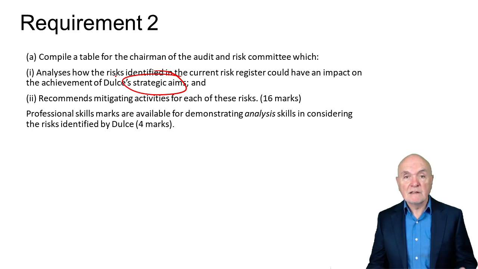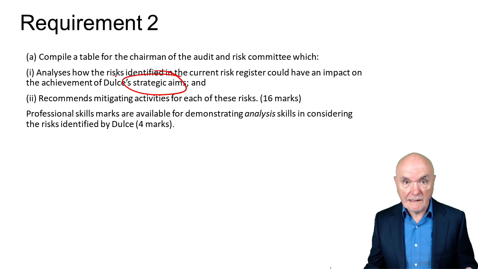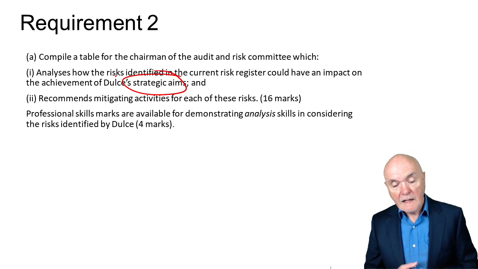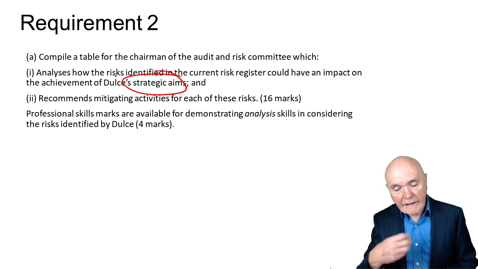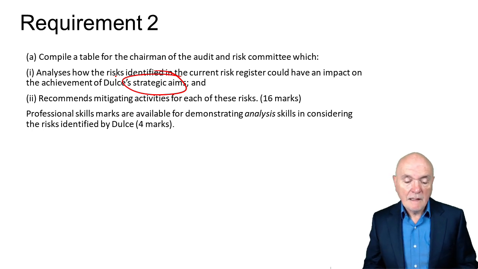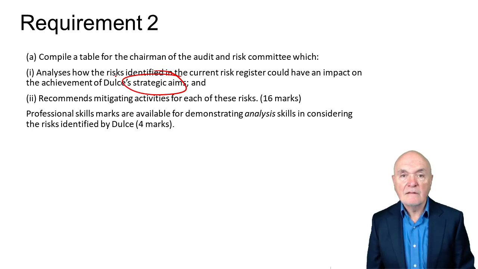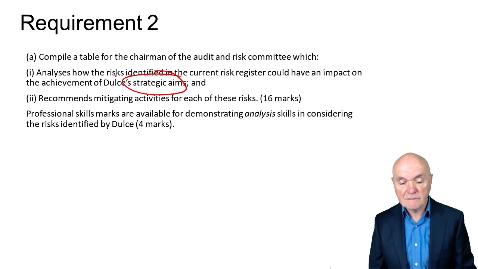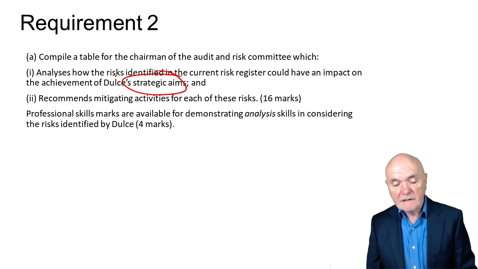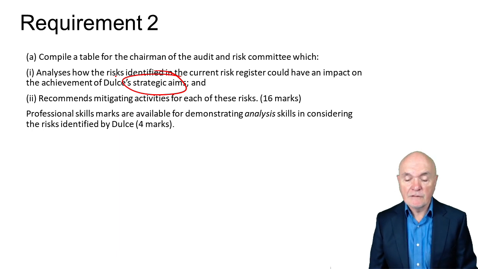And both of those are seen as ways, really, of expanding our sales. So I think it'd be quite good if we could, again, turn back our answer from time to time, just to show that we have taken on board what the strategic aims are and how our answer is directed at the achievement or greater chance of achievement of those strategic aims. And then recommends mitigating activities for each of these risks.